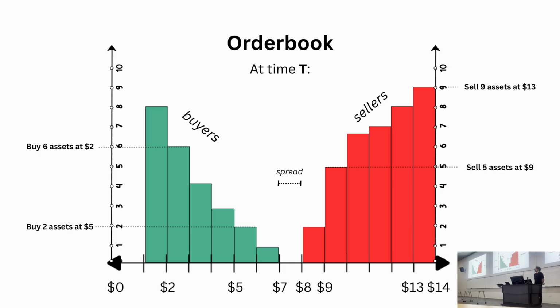But it is true. If you want to buy something, from a bird's eye view, you're probably going to want to buy it for a cheaper price, which is why you're on the left-hand side. If you are going to sell something, you're probably going to want to sell it for a higher price, so you're on the bigger side of the x-axis, which is natural for the economists in the room.